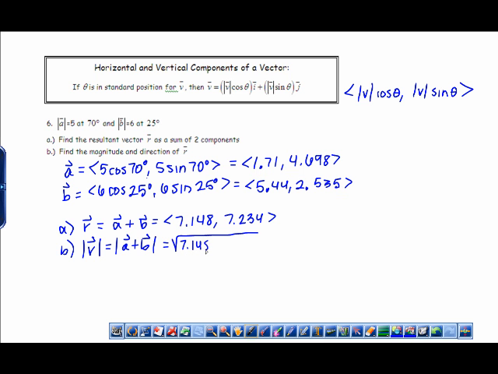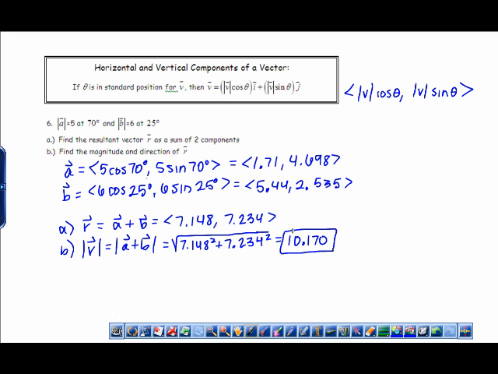Now, it's to your benefit not to round as you go. When we're writing this down, we have no choice but to write down the numbers. But when you're using your calculator, it's good to get rid of as much rounding error as possible. And this is going to give you 10.170. That's your magnitude, rounded to 3 decimal places.